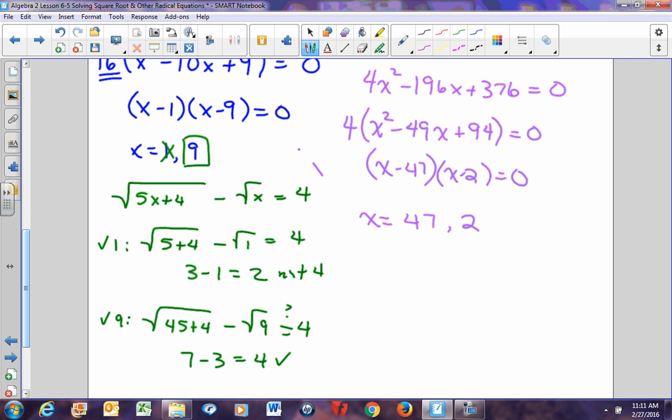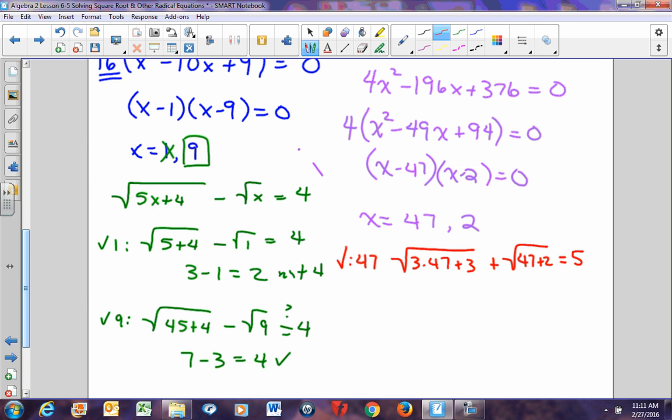Okay. Let's check them. As much as you don't want to, we need to check them. So we'll check 47. Remember, it was the square root of 3x plus 3, so 3 times 47, plus the square root of x plus 2, so 47 plus 2. We're supposed to equal 5.